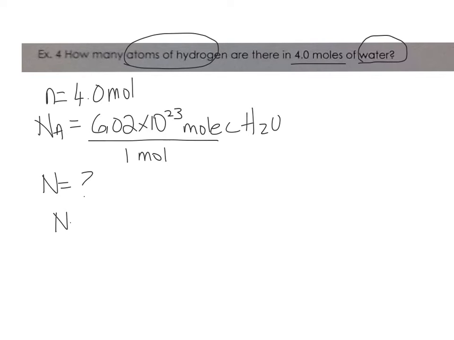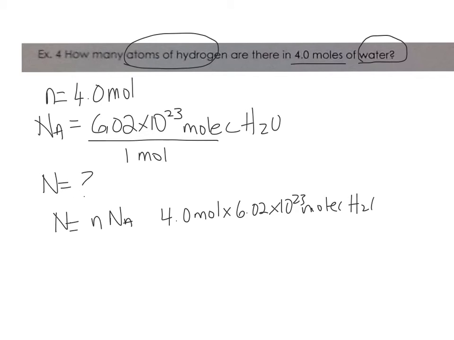So, big N, small n, Na, 4.0 moles times 6.02 times 10 to the 23 molecules of water per 1 mole.